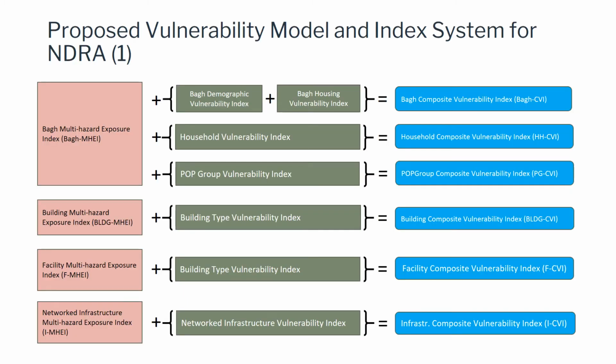Here is the proposed vulnerability model and index system for national disaster risk assessment: the back multi-hazard exposure index, building multi-hazard exposure index, facilities multi-hazard exposure index, and network infrastructure multi-hazard exposure index.